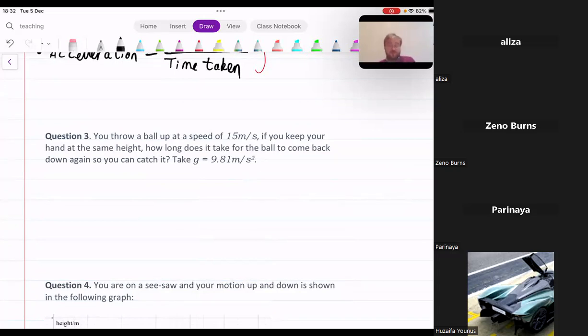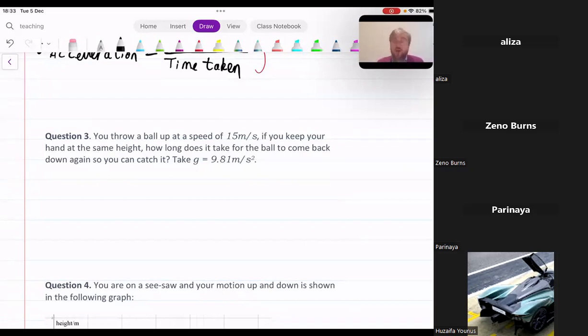So question 3: you have a ball in your hand, you throw it up at 15 meters per second, and it falls down. It flies up, gravity slows it down, it stops at the top, and it falls back down again. You catch it, and you don't move your hand, you just throw it straight up and straight down. How long does this take for you to catch it?